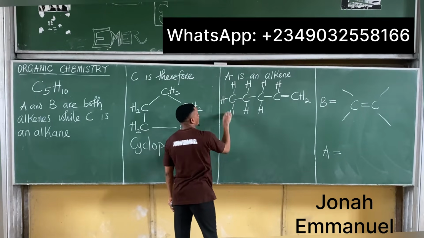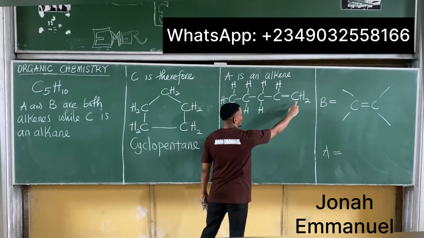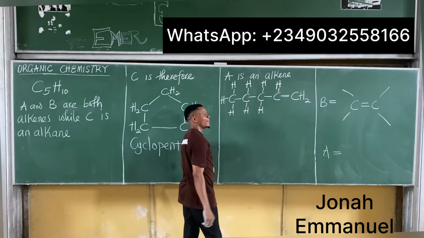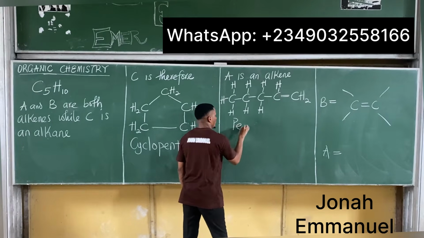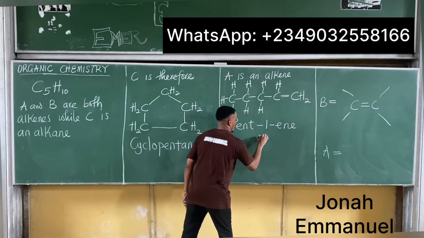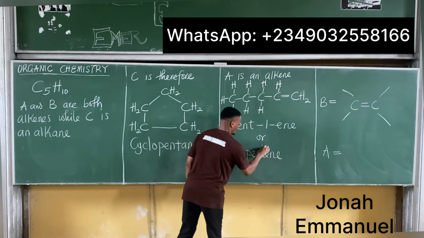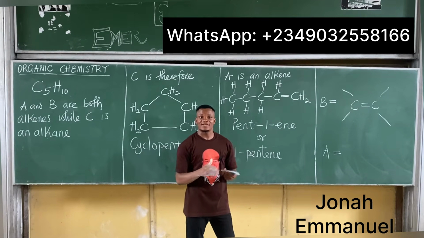So how do you name this? 1, 2, 3, 4, 5. Five is what? Pent. Pent-1-ene, 1-pentene.